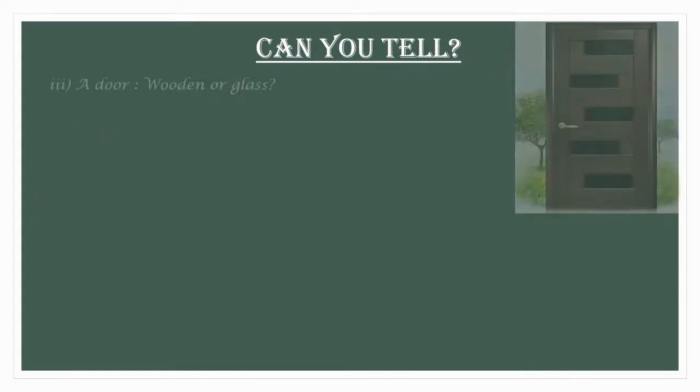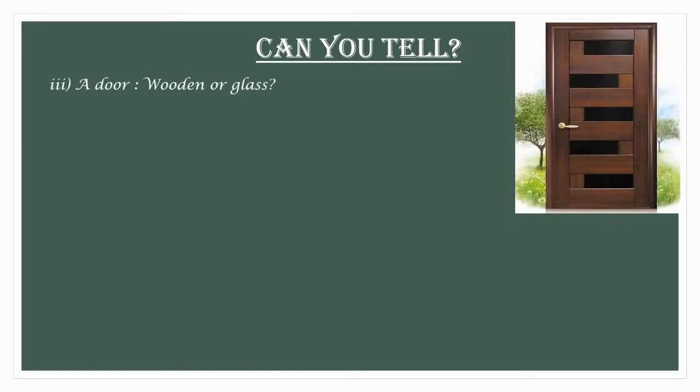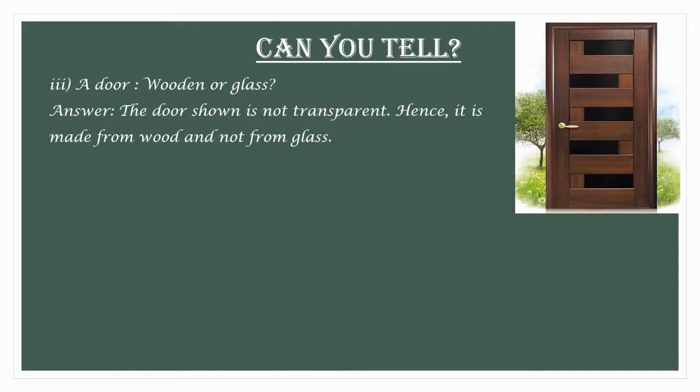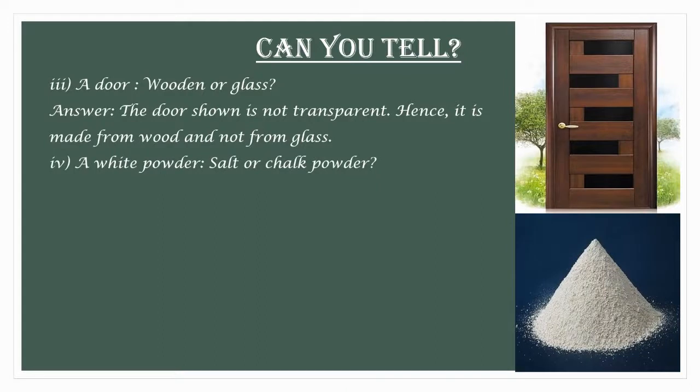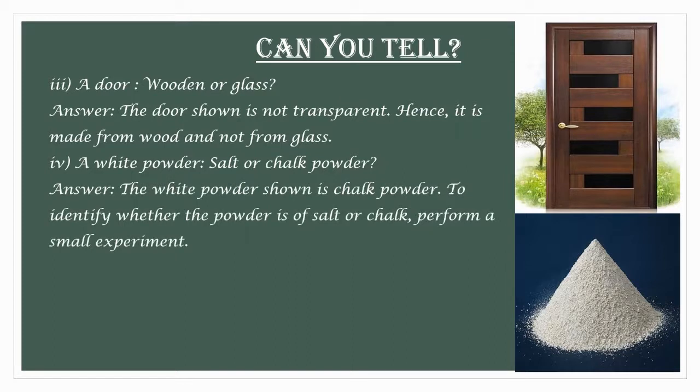Now students, the third substance is a door, whether it is made of wood or glass. Yes, correct. The door shown is not transparent. Hence, it is made from wood and not from glass. Now the fourth, a white powder, whether it is salt or chalk powder. Yes, the white powder shown is chalk powder.